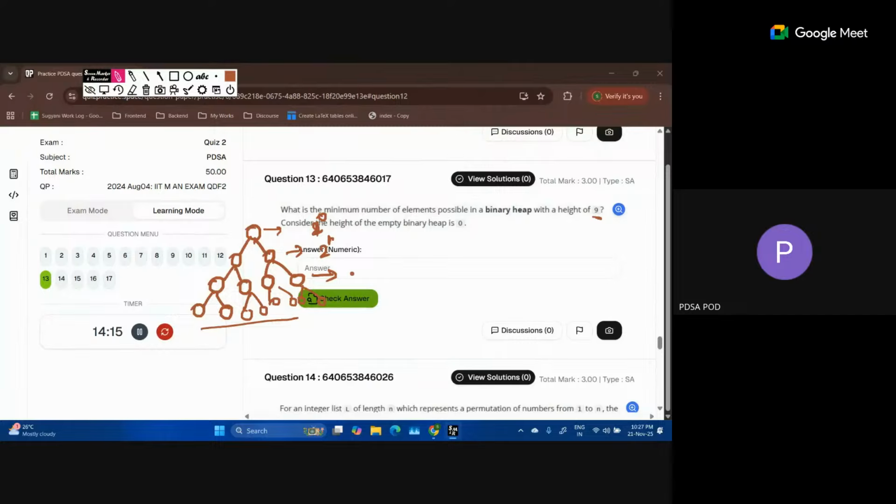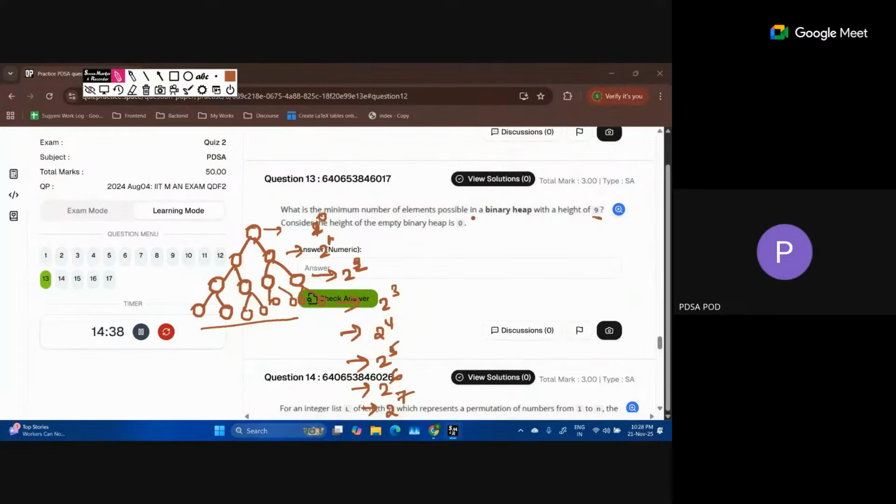Level 3 we will have four nodes. Level 4 we will have 2 cube nodes. Level 5 we will have 2 to the power 4 nodes. Level 6, 2 to the power 5. Level 7, 2 to the power 6. Level 8, 2 to the power 7 nodes.